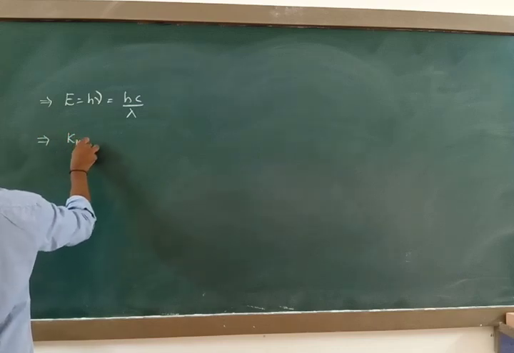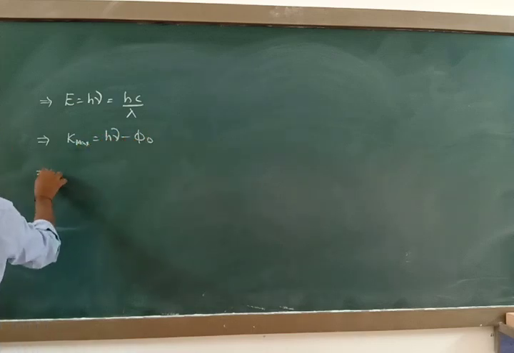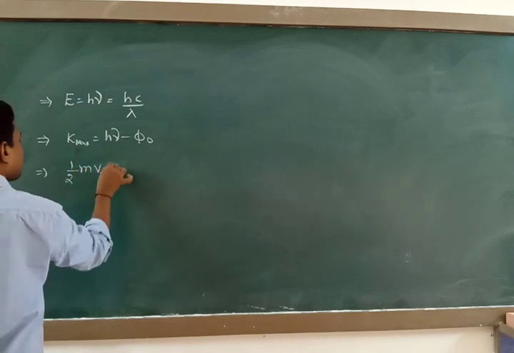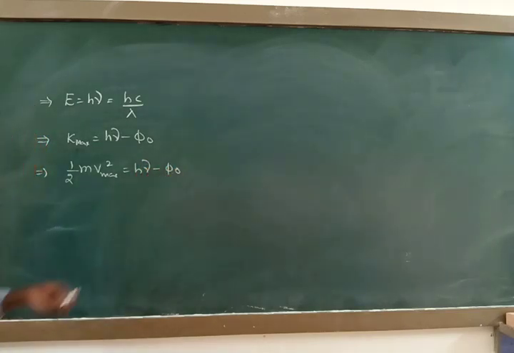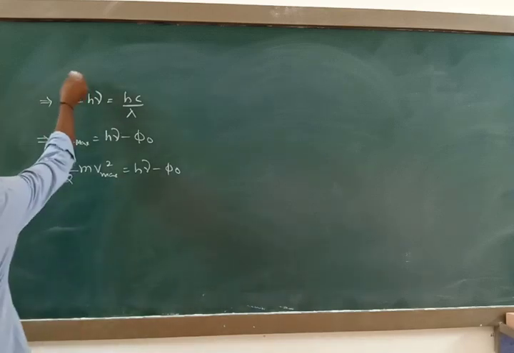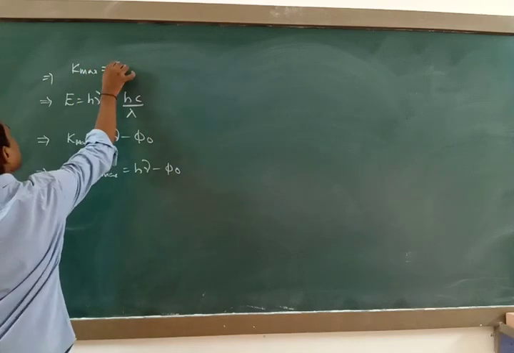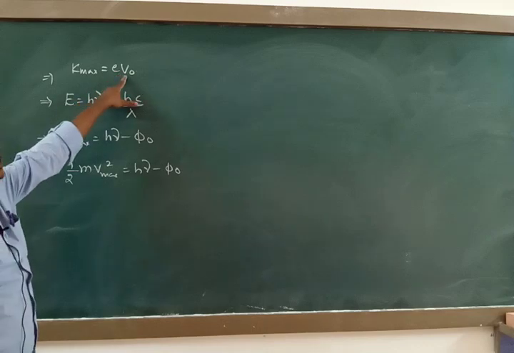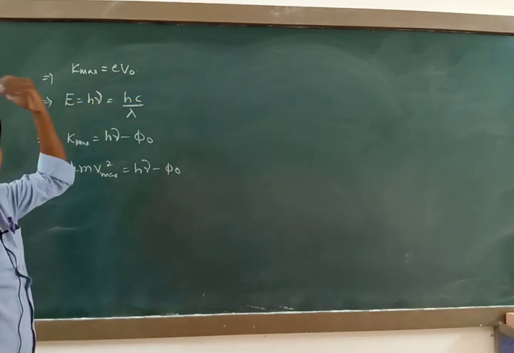From Einstein's photoelectric equation we got K max is equal to h nu minus phi naught. This equation can also be written as half m v max square is equal to h nu minus phi naught. Why am I telling all these equations? Because they are very important for the numericals. And before this we found another equation, that is K max is equal to eV naught. Corresponding to the stopping potential, we found that the maximum number of electrons get scattered.